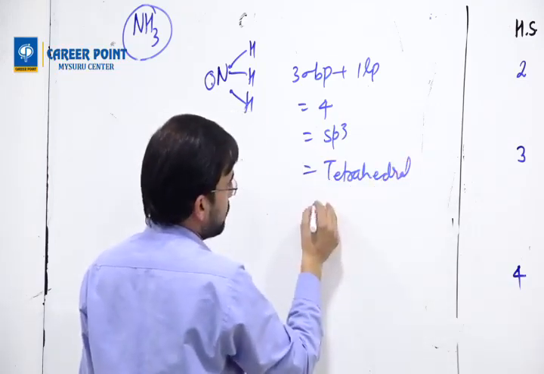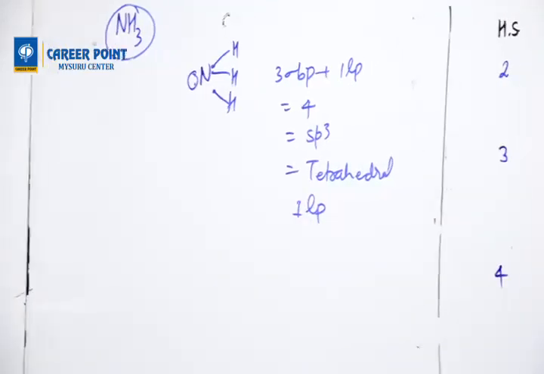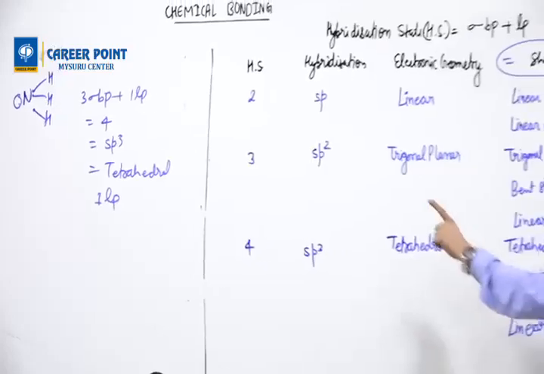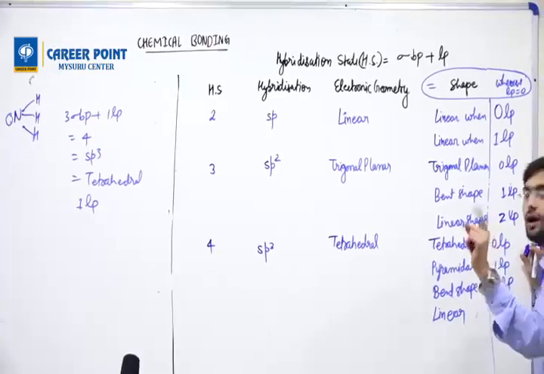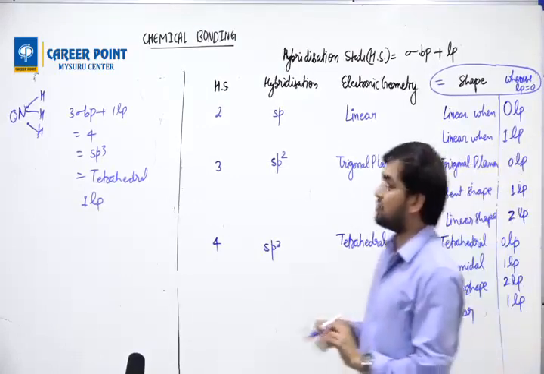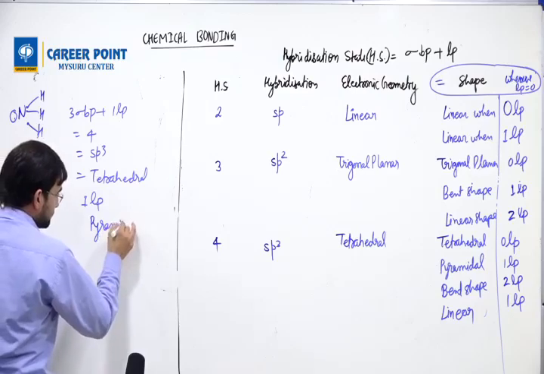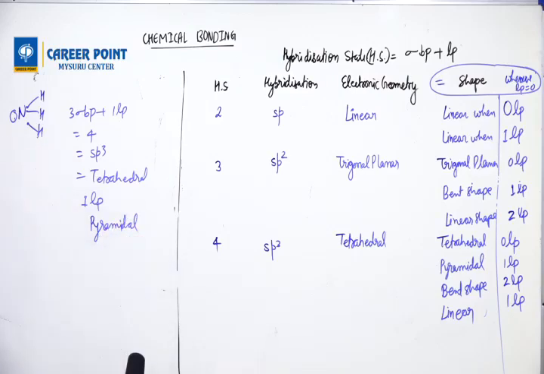Now if it has got 1 lone pair, then which line? Decide. Now tetrahedral, sp3 tetrahedral, but I don't have 0 lone pair, I got 1 lone pair. So 1 lone pair, the answer is pyramidal. You don't need to draw, directly you can write answer. Answer is pyramidal.